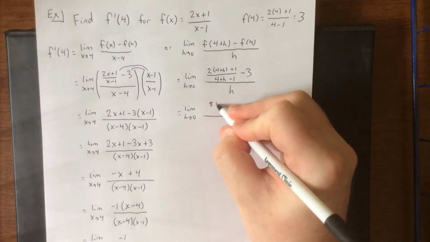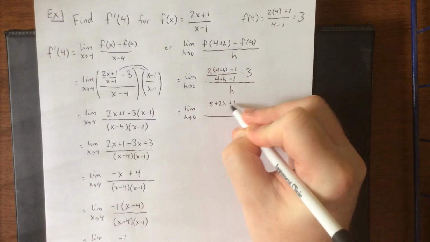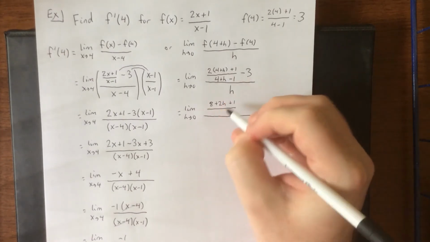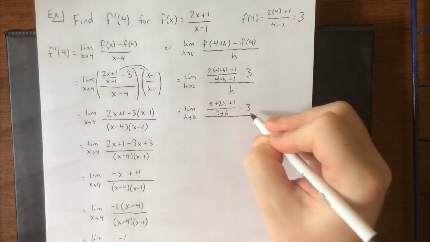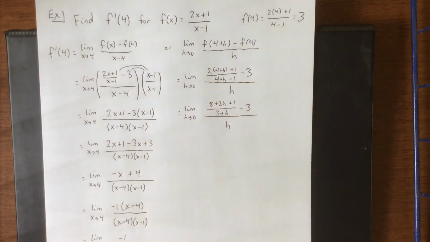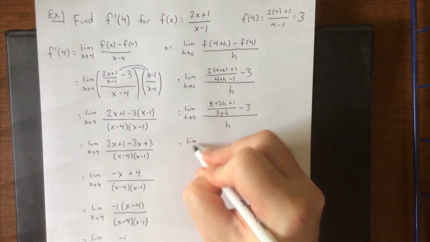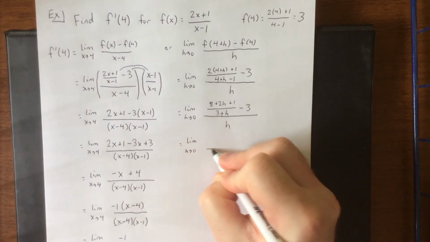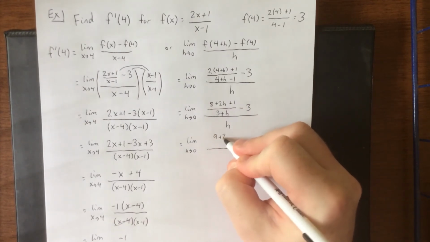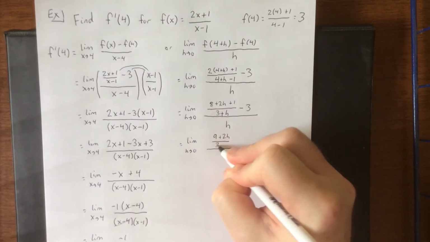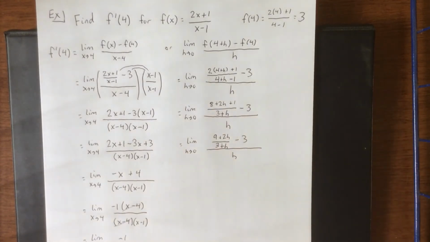We'll get 8 plus 2h plus 1 over, combining like terms, we'll get 3 plus h. That'll be minus 3 all over h. More like terms to combine in the numerator of the numerator. 8 plus 1 will be 9 plus 2h over 3 plus h minus 3 all over h.